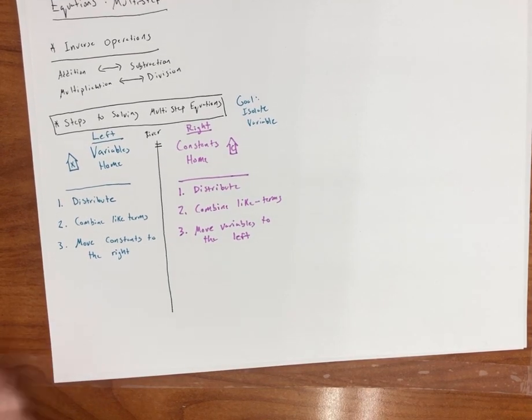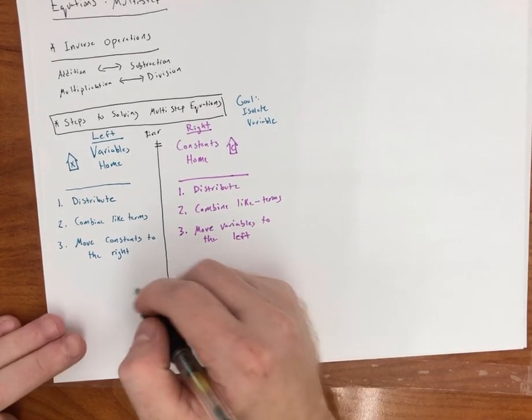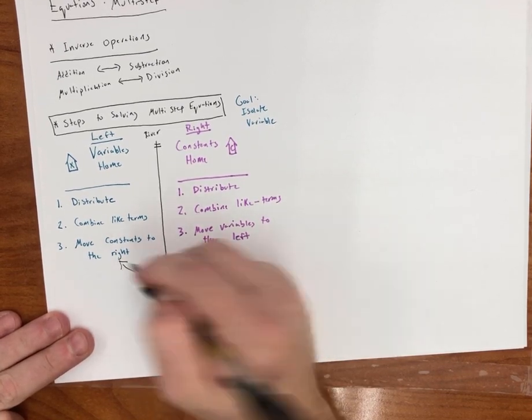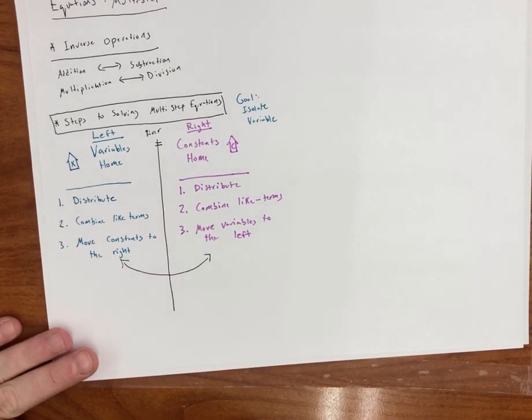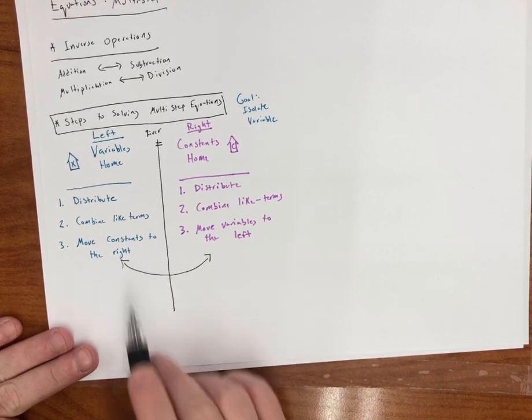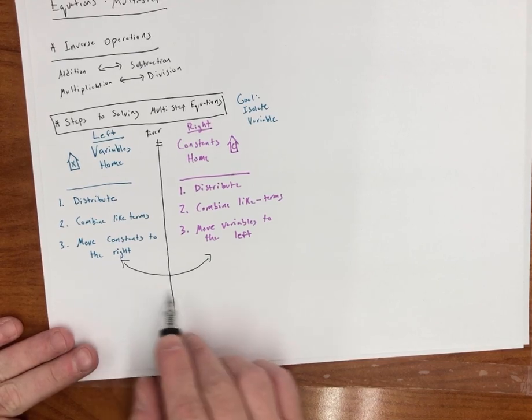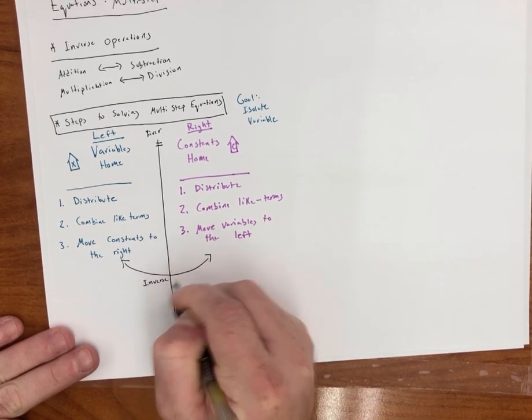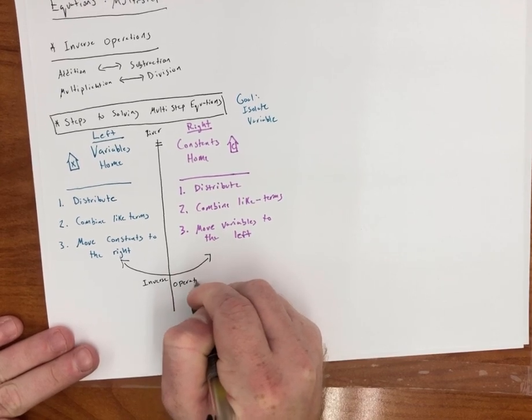Okay? So, in this step, this is when we start moving things across the river. Our constants go to the right, and our variables go to the left. When we're crossing the river, we have to utilize inverse operations.